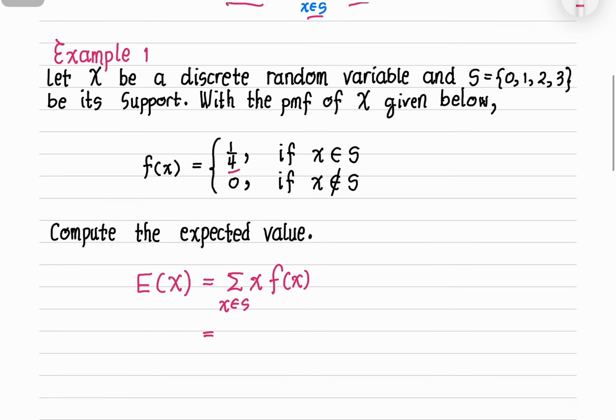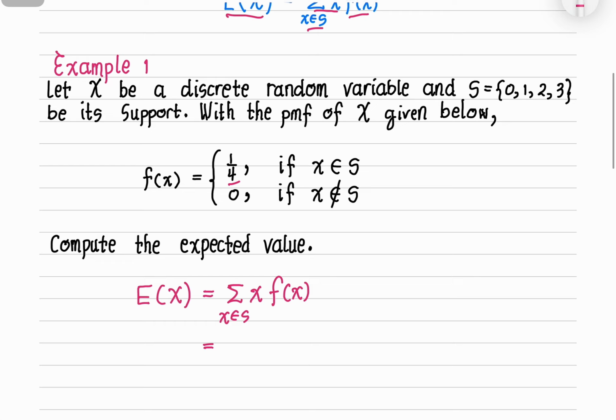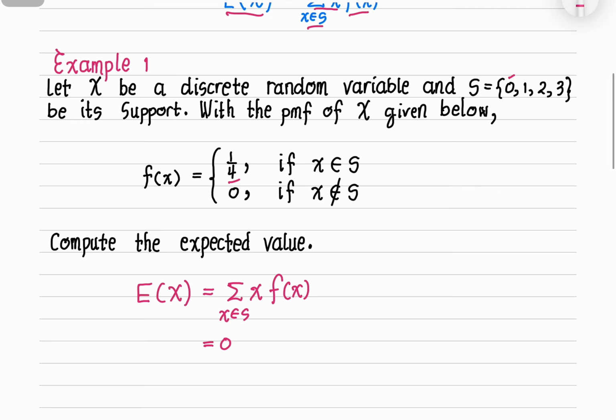So we have our first value for x natin dito, yung ating support, which is 0, right? So 0, and then times f of x, yung probability mass function natin is 1/4, right? So times 1/4. And then, summation nga, so ipag-add lang natin lahat, plus, and then our second value for x is 1, right?